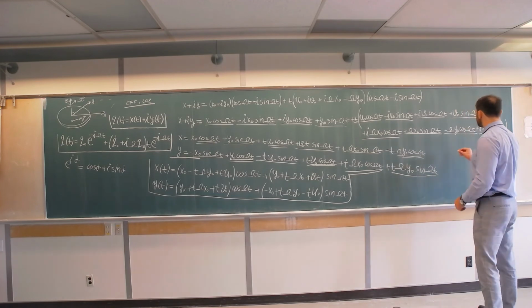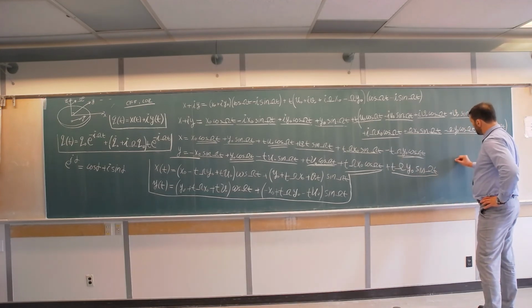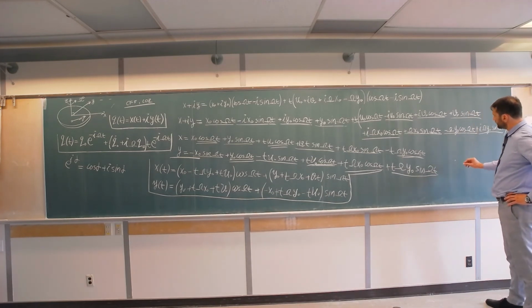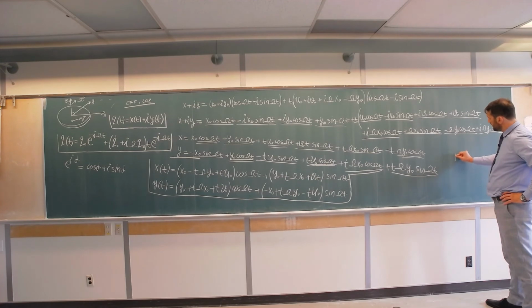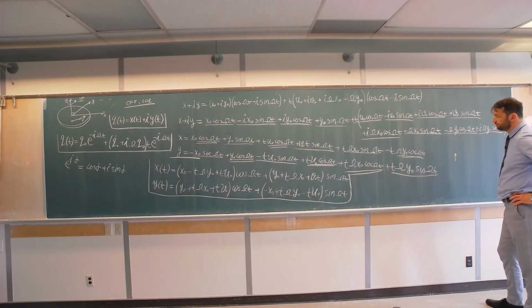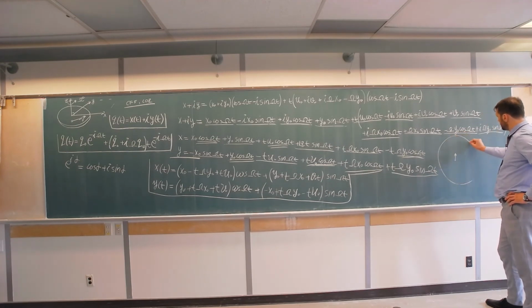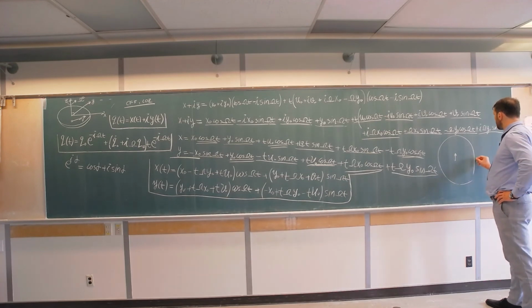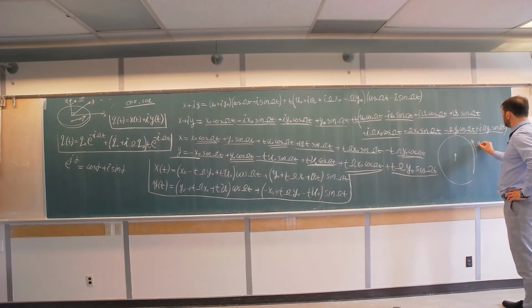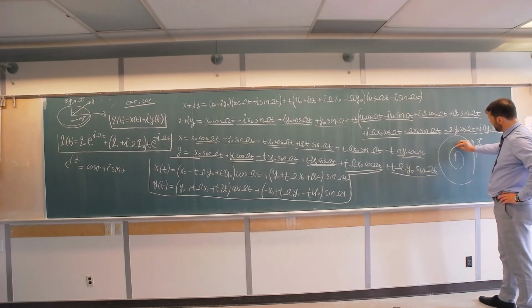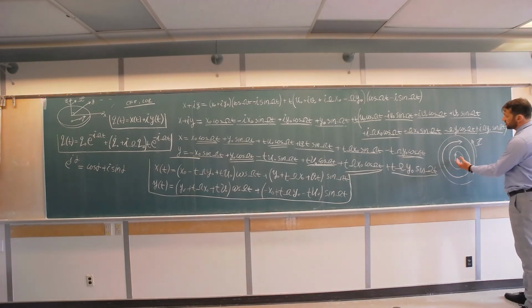So if this is the initial location of the particle on some disk, and it has initial velocity like so, and that entire disk is rotating, let's say in this direction, with angular velocity omega, then the motion overall will be something like this, spiraling motion outward. That's the combination of centrifugal and Coriolis force.